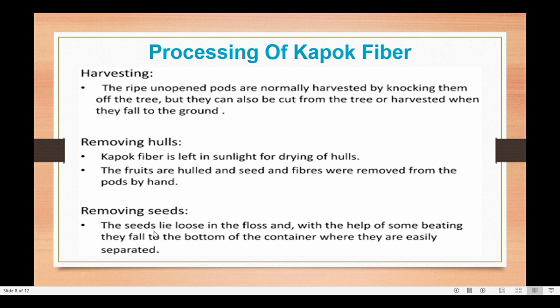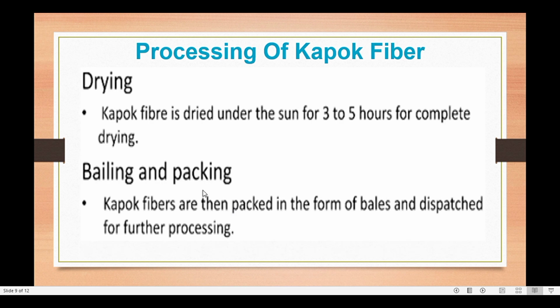Removing of seeds: these seeds lie loose in the floss, and with some beating, they fall to the bottom of the container where they are easily separated. Next process is drying. Kapok fiber is dried under the sun for 3 to 5 hours for complete drying. Baling and packing is the last step, and then it is dispatched for further processing where it can be used.